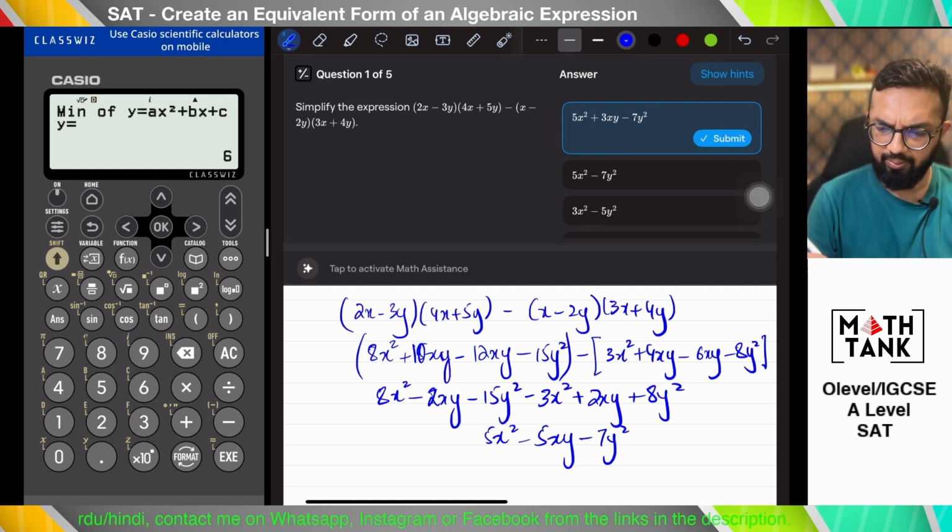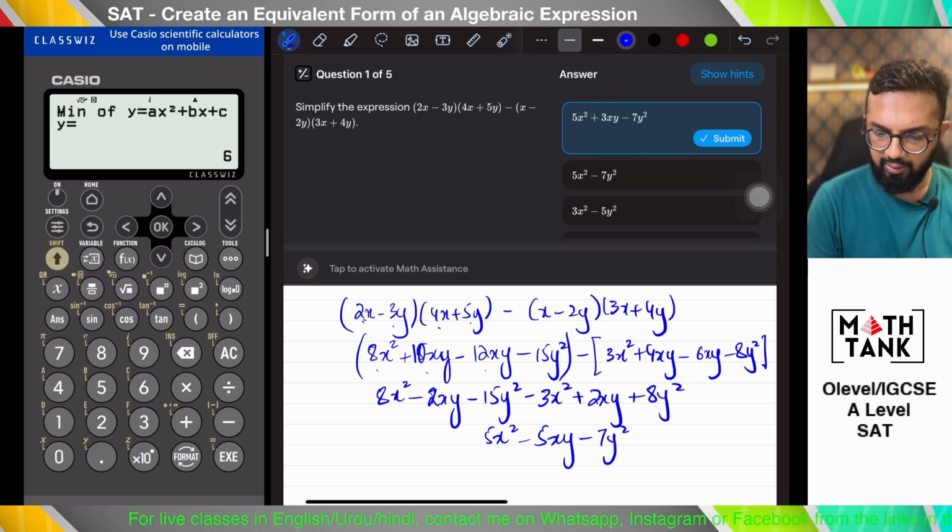Okay, there seems to be something wrong with the expression. Let's check again. 2x into 4x gives me 8x squared, 2x into 10xy, minus 3 minus 12xy, so that gives me a minus 2xy net, and minus 15y squared.